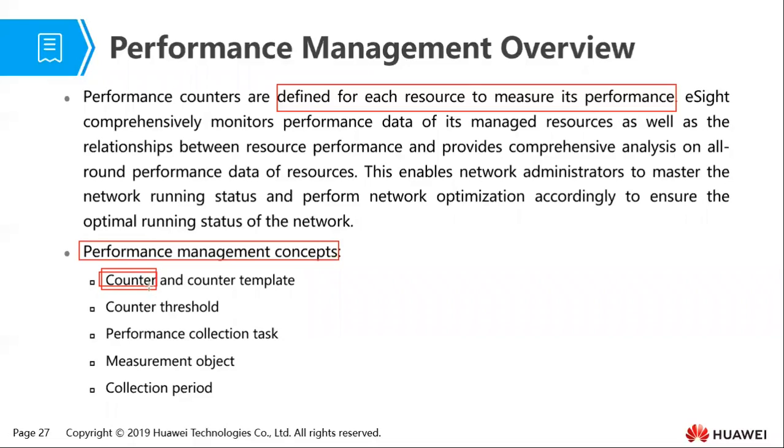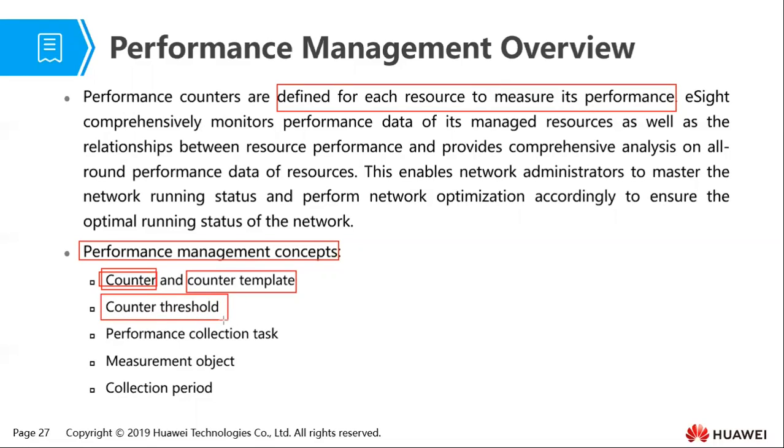A counter can be a CPU, a port, or memory. Because they have similar counters, you can create what we call a counter template. Devices of the same type have the same counter attributes, so you can combine them into a template so that you don't have to create one for each switch.